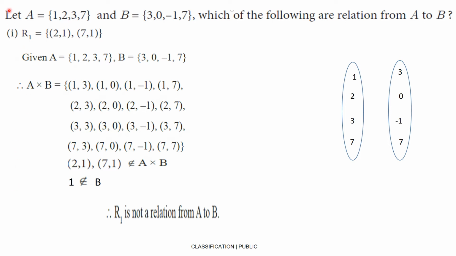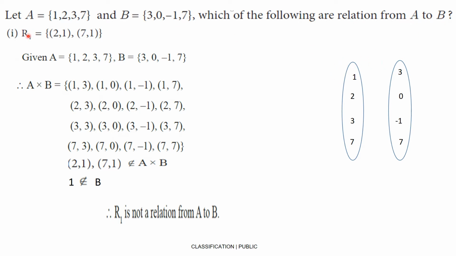Next, see the example. Let A equal to 1, 2, 3, 7 and B equal to 3, 0, minus 1, 7. Here the question is: which of the following are relations from A to B? So we have to see which one is related.